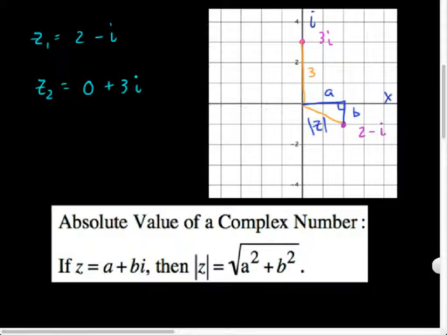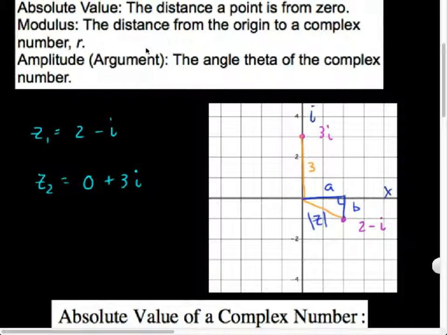And it turns out another name for the absolute value of a complex number, at least if I'm perceiving this in a polar coordinate system, would be to refer to that as the modulus, all right, which I think I had written down up here. The modulus is the distance from the origin to a complex number, and it's represented by r, which is kind of like radius, right, r theta.